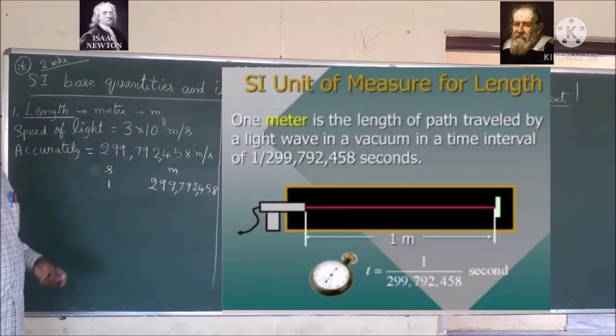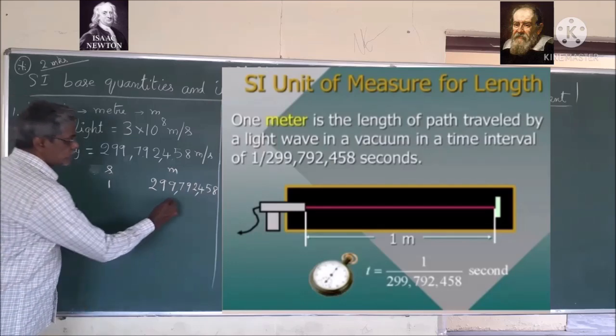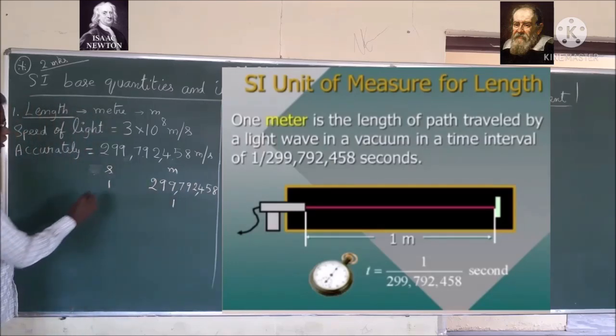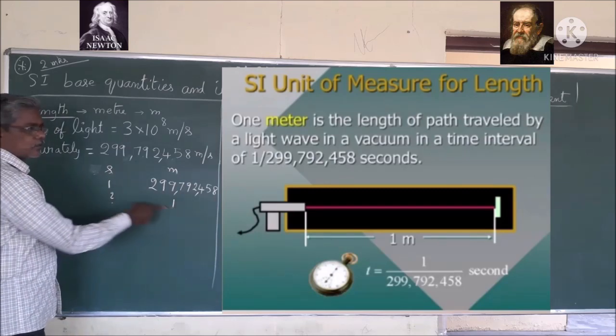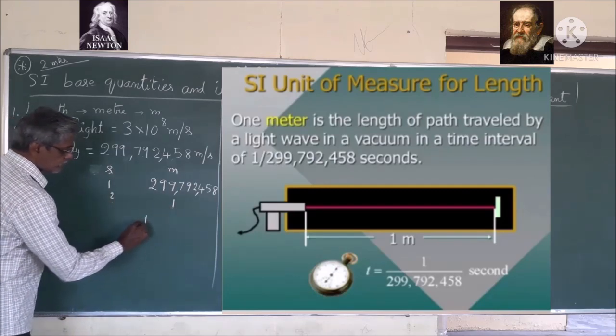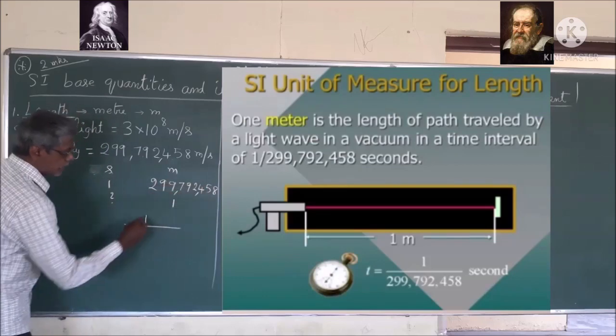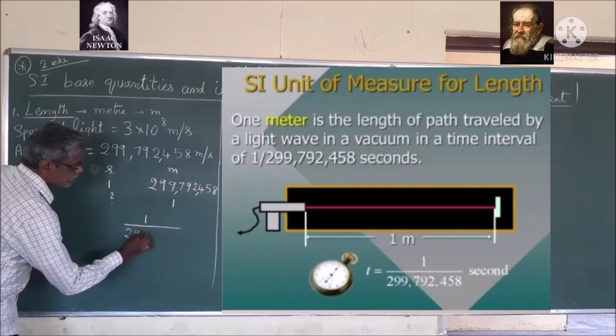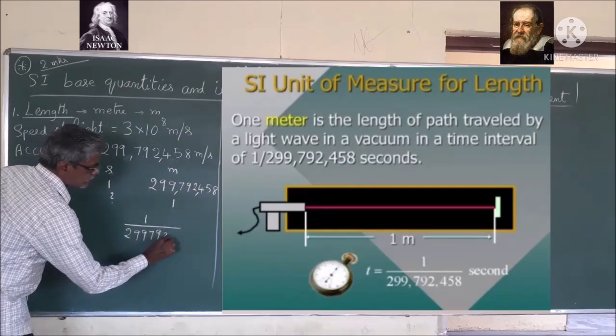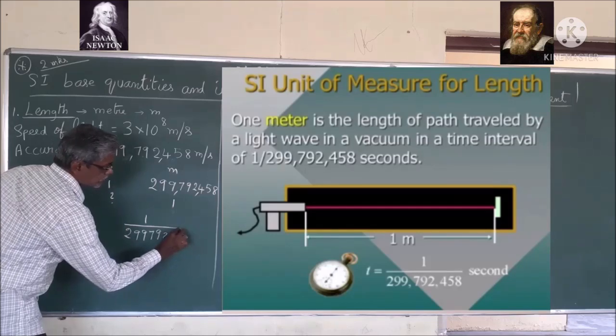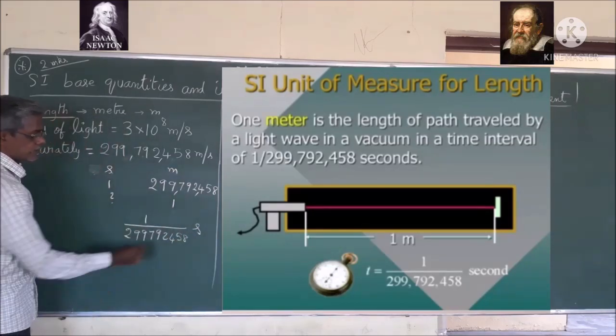Our question is to find out for 1 meter, how many seconds? So you cross multiply: 1 into 1, 1 divided by this number. So how many seconds?